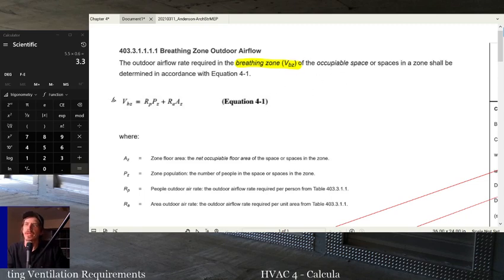The most important thing is being able to use this equation. So the equation is the ventilation air to the breathing zone.